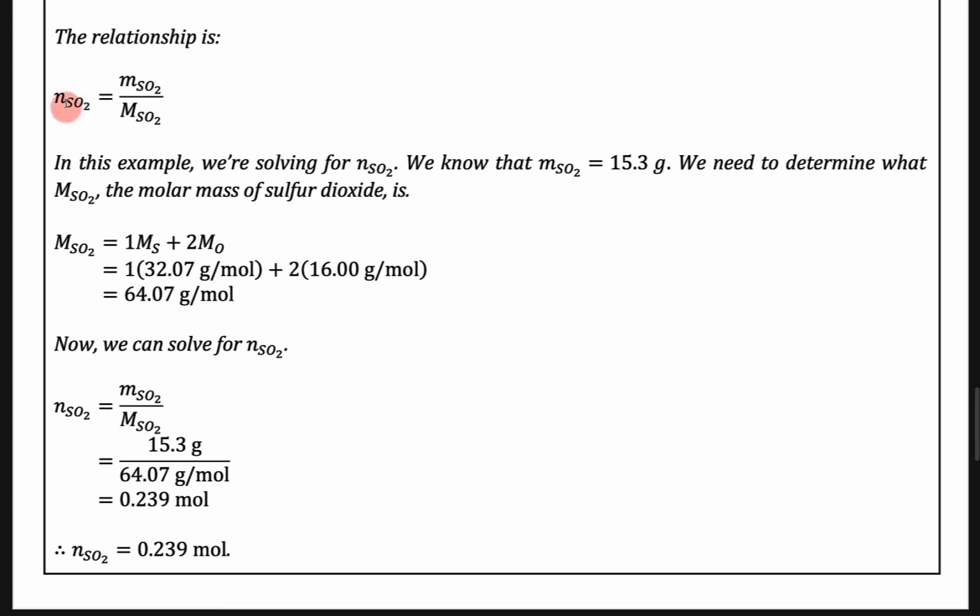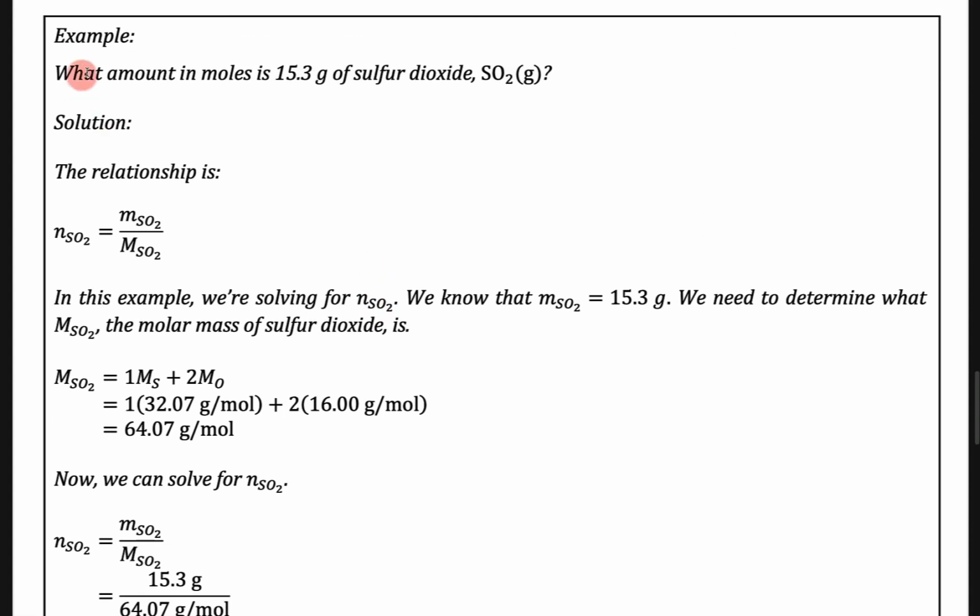So yes, this is our relationship. The number of moles of sulfur dioxide equals the mass of sulfur dioxide over the molar mass of sulfur dioxide. This problem is asking for the number of moles of sulfur dioxide. Right, so it's asking what amount in moles is 15.3 grams of sulfur dioxide.